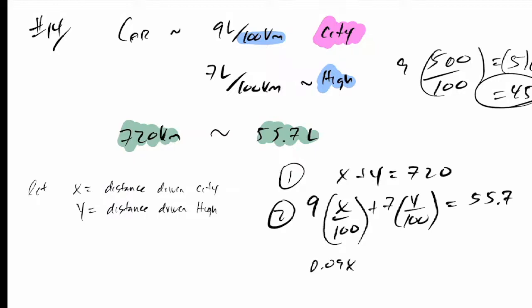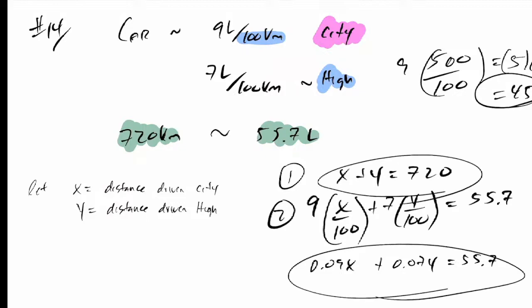And then you can reduce that to be 0.09x plus 0.07y is 55.7. Do you want me to solve it now? Sure. All right.